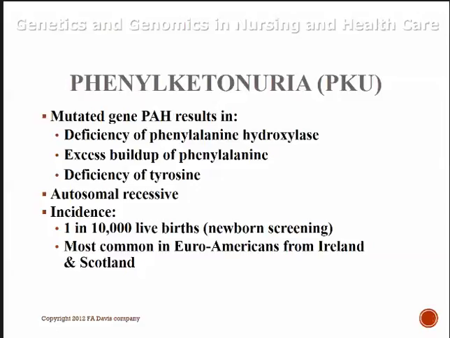PKU. The enzyme for PKU is deficient because of the excess buildup of the phenylalanine. We talked about that in the previous slides, how there's excess buildup, and that causes a deficiency of tyrosine.